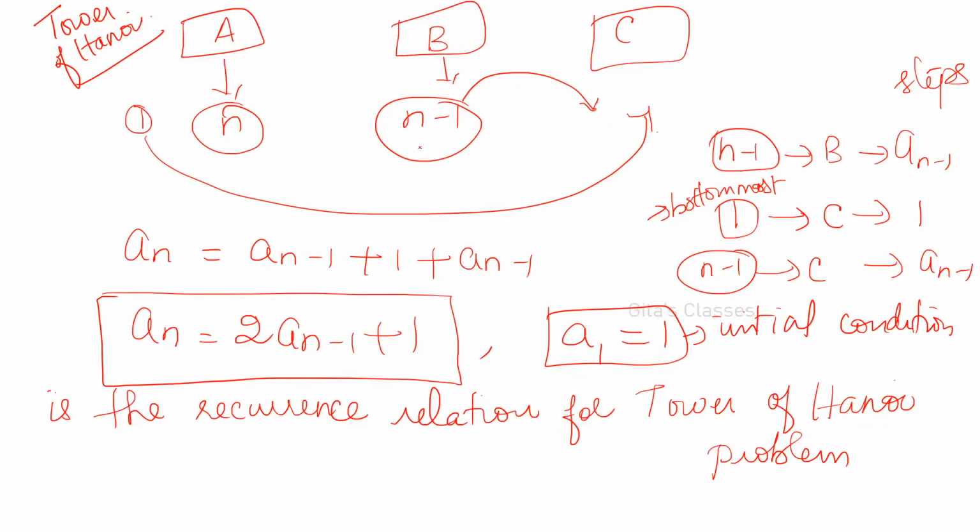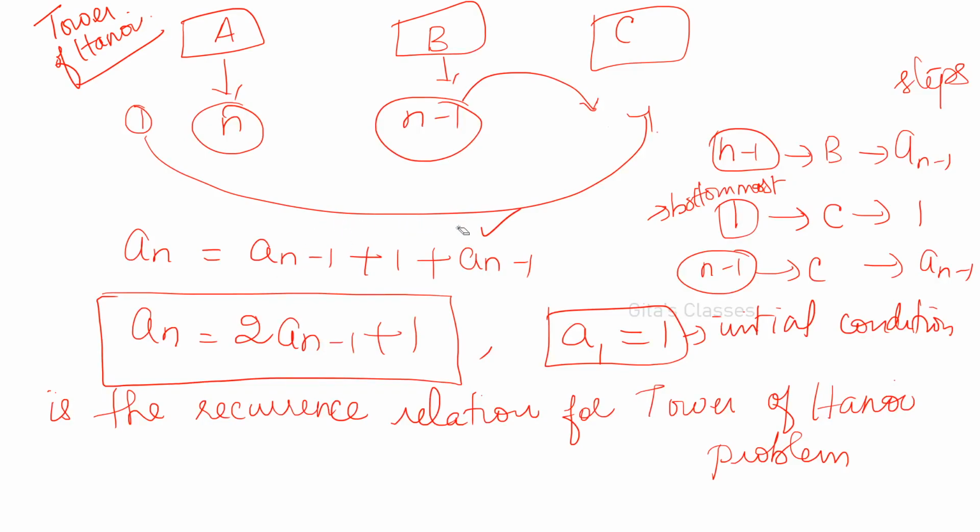So n minus 1 discs will be transferred to B and the remaining 1 will be transferred to C. For transferring n minus 1 discs to B, we need a_(n-1) steps. The last disc is transferred to C in 1 step, and again all these n minus 1 discs are transferred to C in a_(n-1) steps.